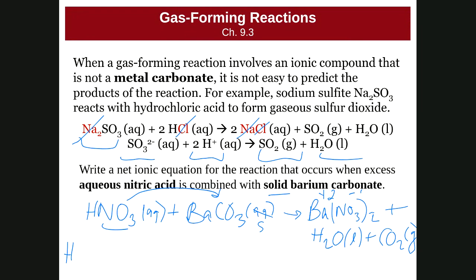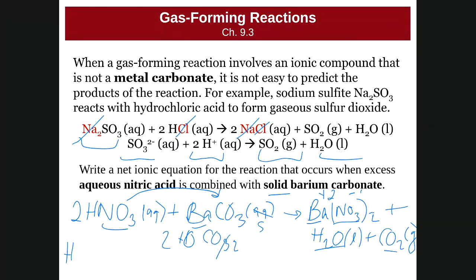Okay, so we have 2 nitrates on the right, so we need 2 nitrates on the left. So that gives us 2 nitrates on both sides, 1 barium on both sides, and carbon. So we have 2 hydrogens and a carbonate, which is going to, we take one of those oxygens away, add it to the 2 hydrogens to get water and leave carbon dioxide.